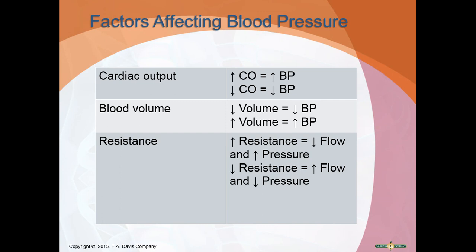Resistance, also called peripheral resistance, is the opposition to flow resulting from the friction of moving blood against vessel walls. The greater the resistance, the slower the flow and the higher the pressure. The lower the resistance, the faster the flow and the lower the pressure. If you think about little babies, they have very low blood pressure.